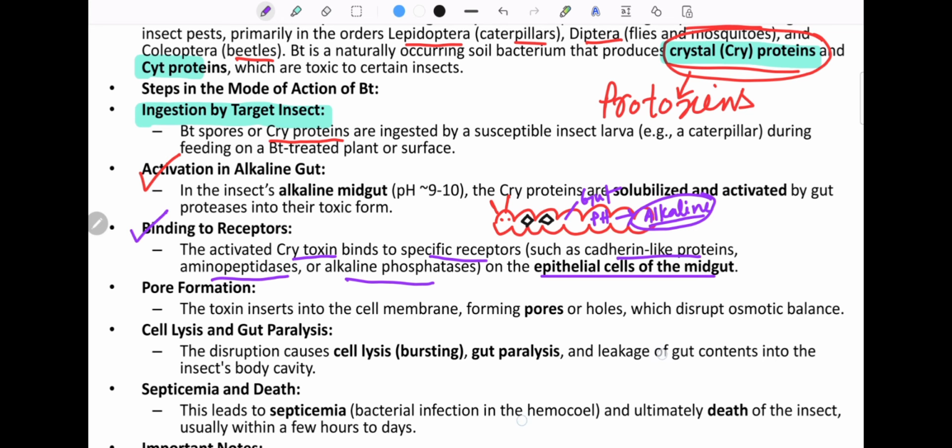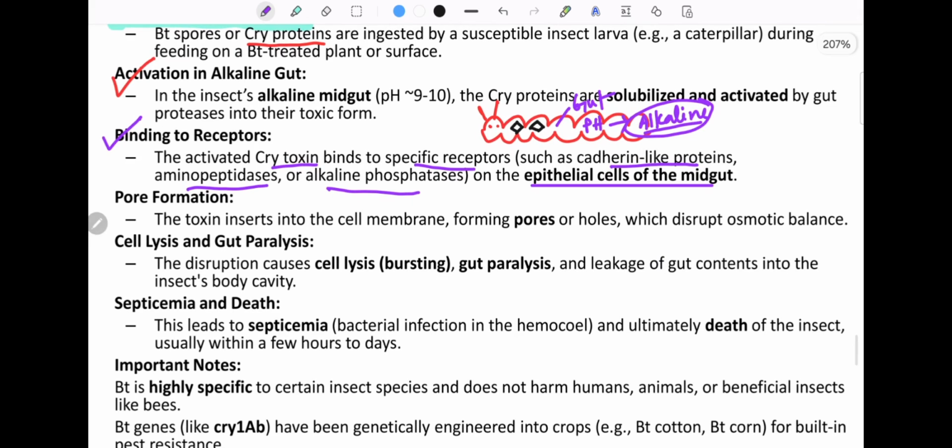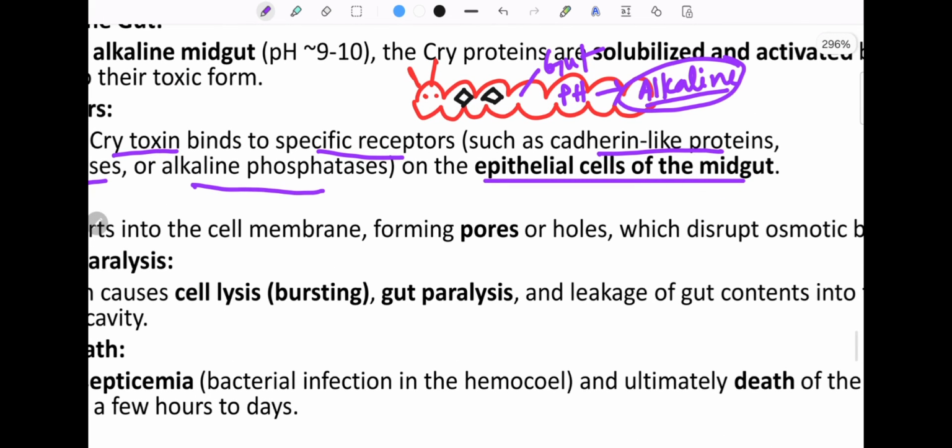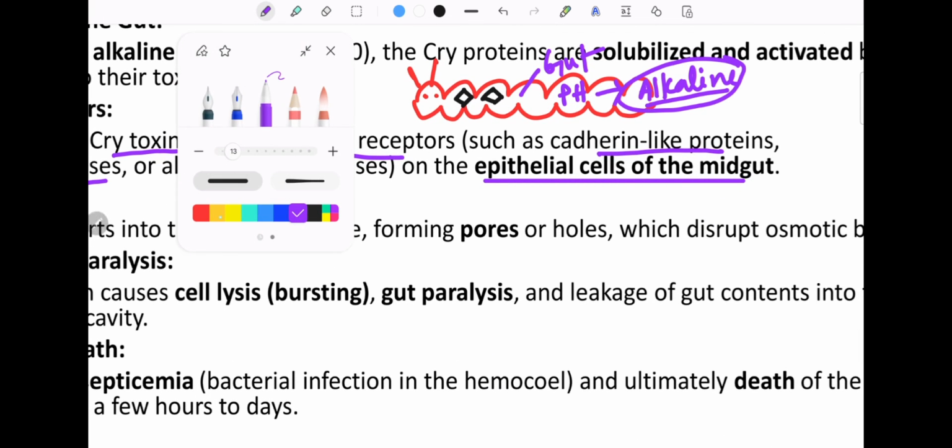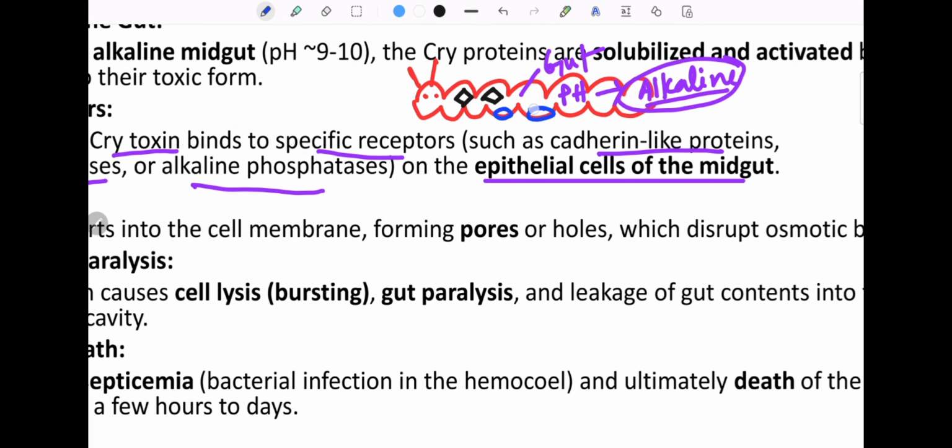And what do they do after binding with the receptors? They form pores. That means they create holes within the caterpillar body. If this is the body, they create pores with the help of these Cry proteins.